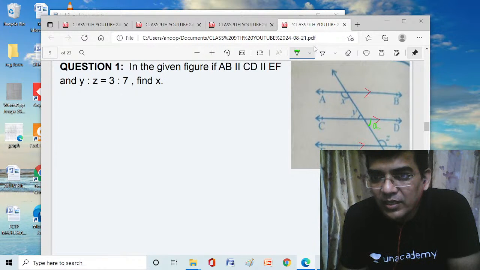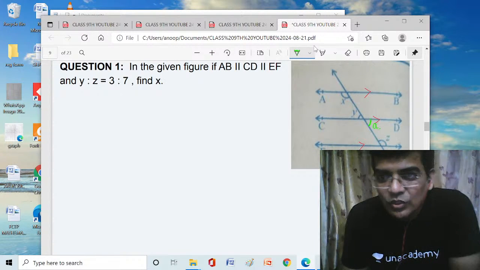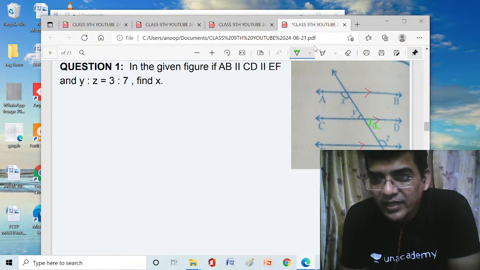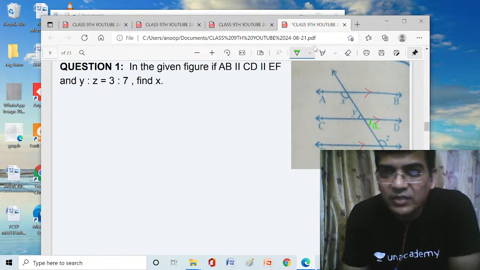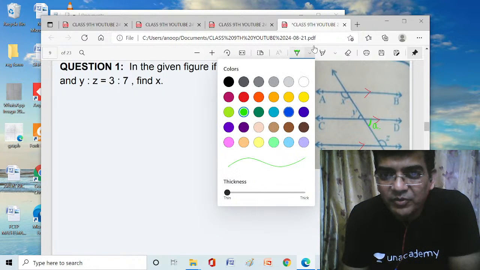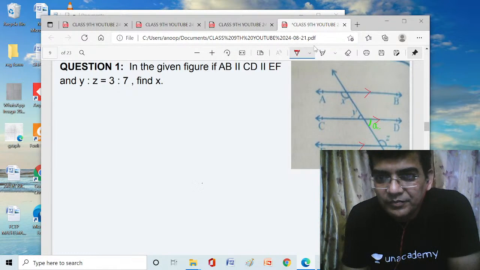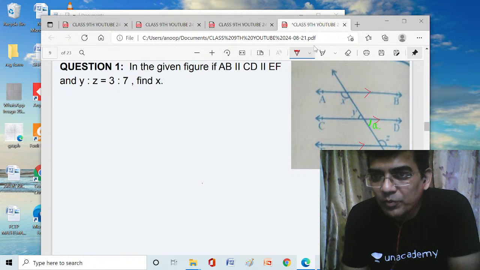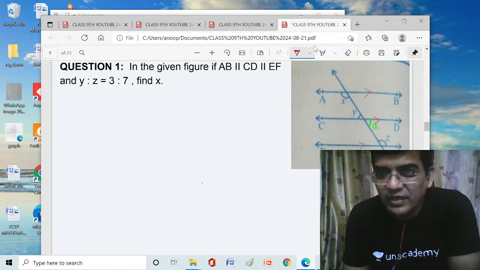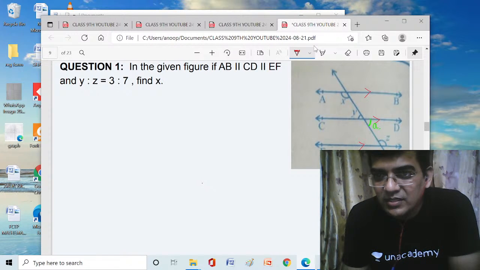They are vertically opposite angles, right? So I can say that A is equal to y. Why? Because they are vertically opposite angles. You can see the two straight lines intersecting, so A is vertically opposite to y.